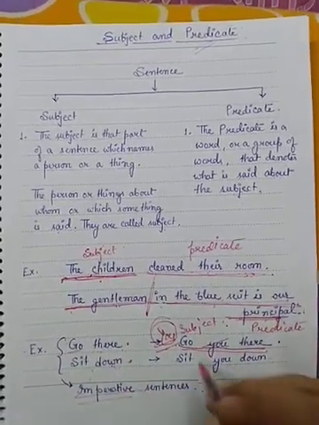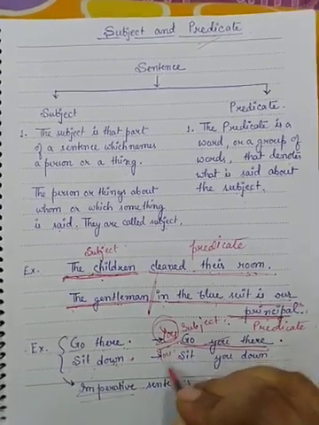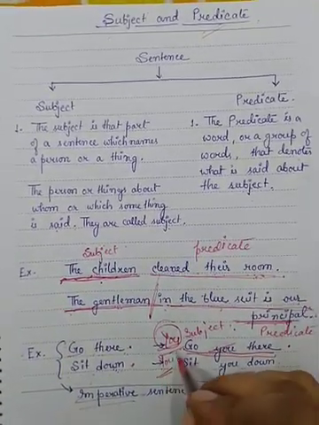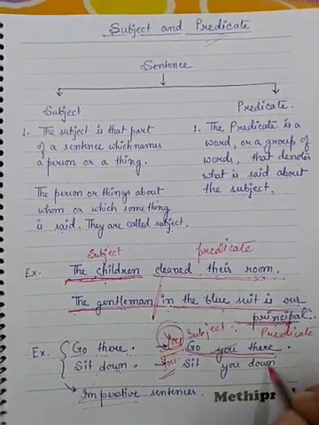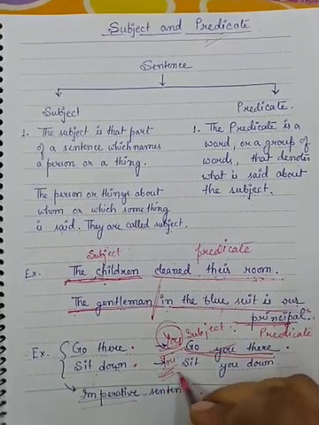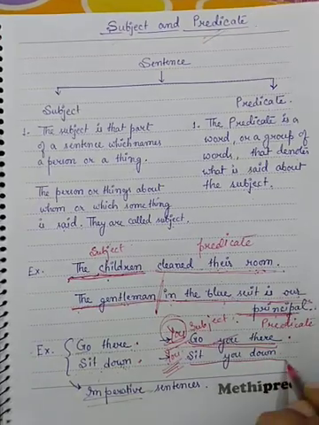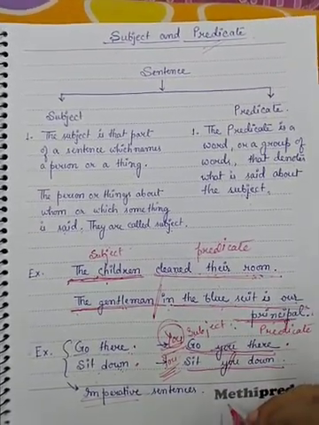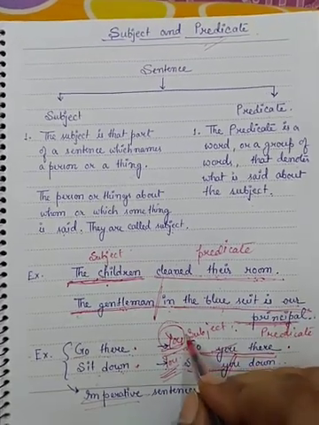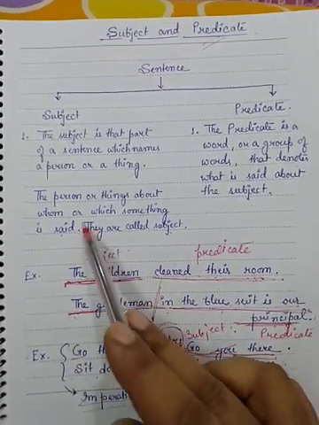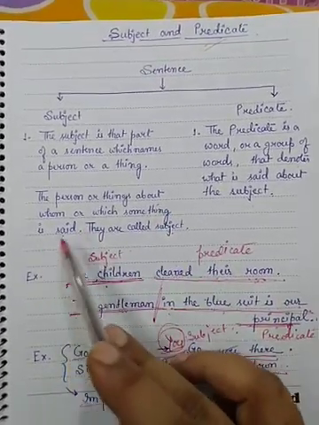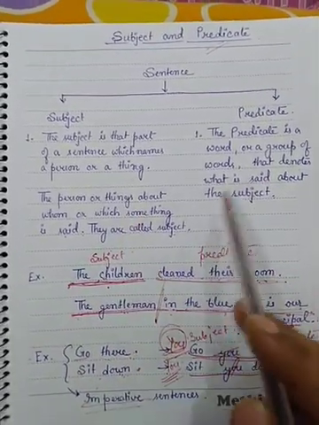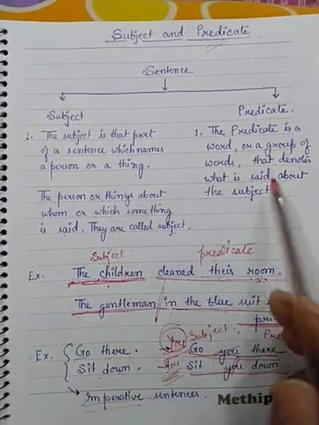Sit you down or you sit down. So here also you is missing. You have to imagine the subject in this sentence. You is the subject and sit down is the predicate. Once again, about whom or which something is said is the subject, and whatever is said about the subject is the predicate.